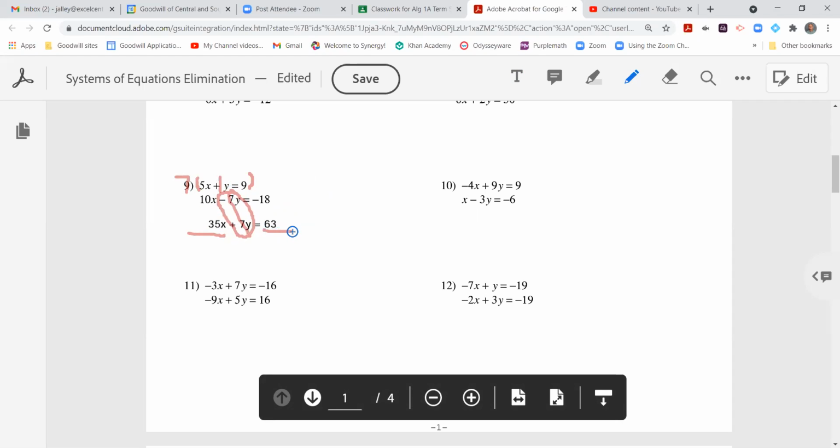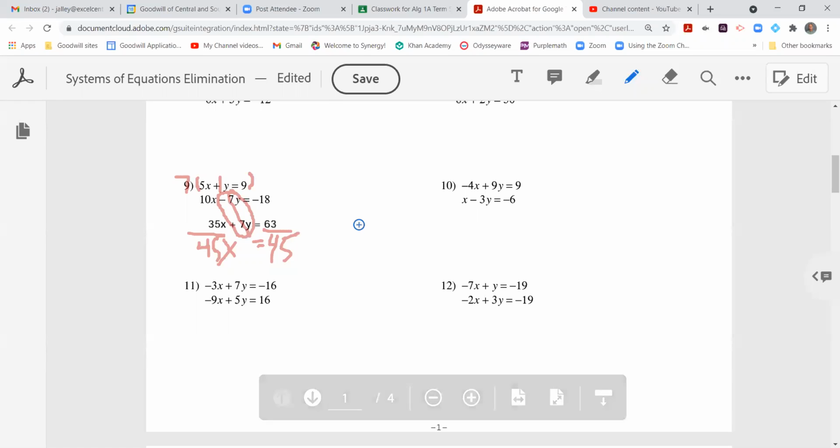I can total these up. 45x, 63 minus 18 is 45. X is going to equal 1. So once you've made that decision, you just got to run with it.